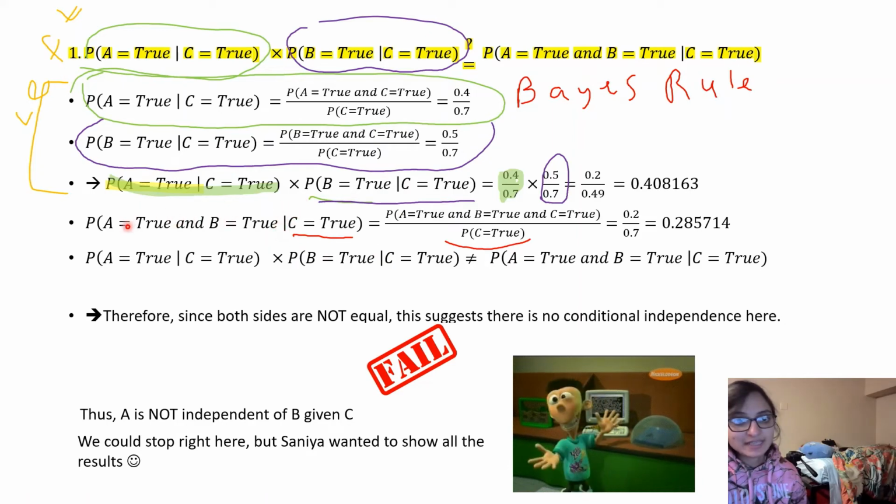So it's A is true and B is true and C is true. We found from the joint probability table that this is 0.2, and the probability that C is true is 0.7. So when we do this, we find that this is 0.285714. So this is the right-hand side.